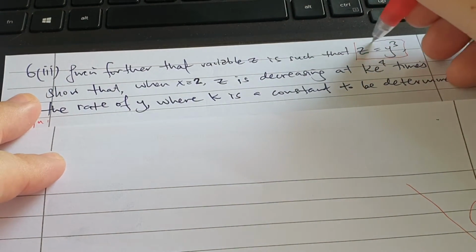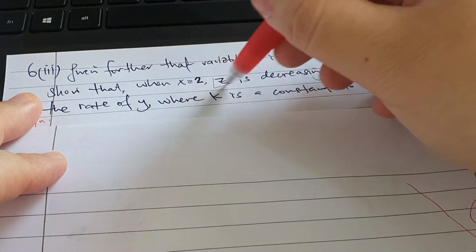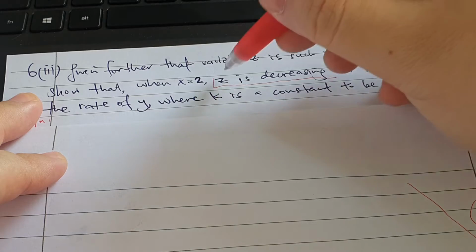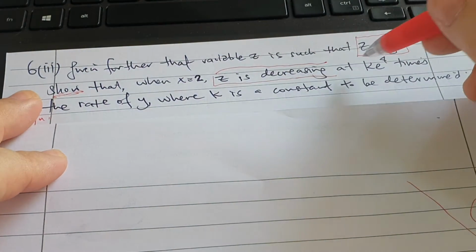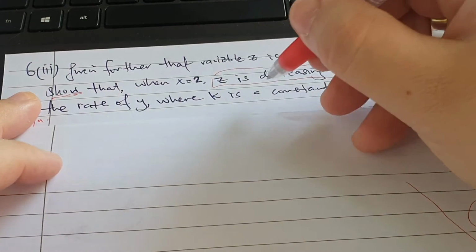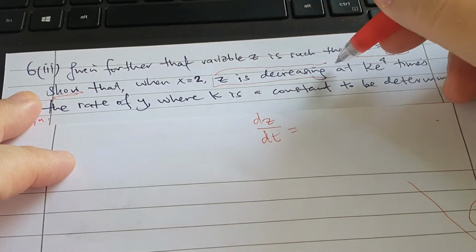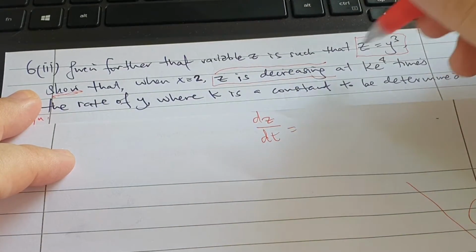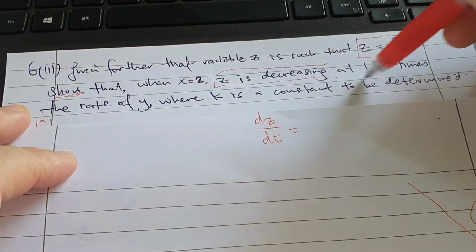You take a look at this. Then you take a look at x equals 2, you must show that z is decreasing at this rate. So what does this mean? It means dz/dt is decreasing at these times, where k is a constant to be determined, right?